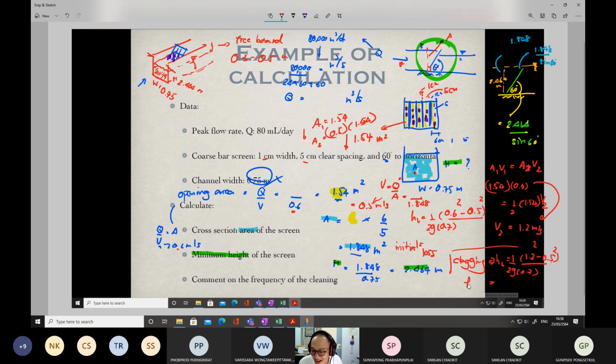Then you will get the head loss when 50% of the area is lost. Okay, so finally you can compare the initial loss and the head loss. This is the initial loss.